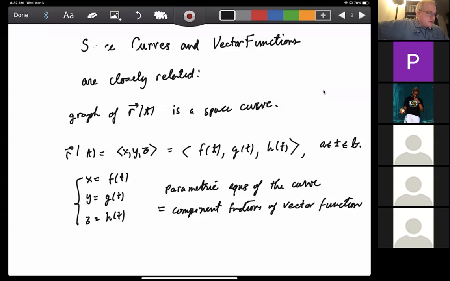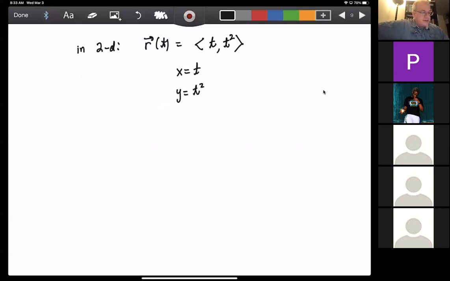Okay, so let's just think about this. And it's not easy for me to draw in 3 dimensions, so let me do something in 2 dimensions to start with at least. So here's a very simple vector function. So x equals t, y is equal to t squared.